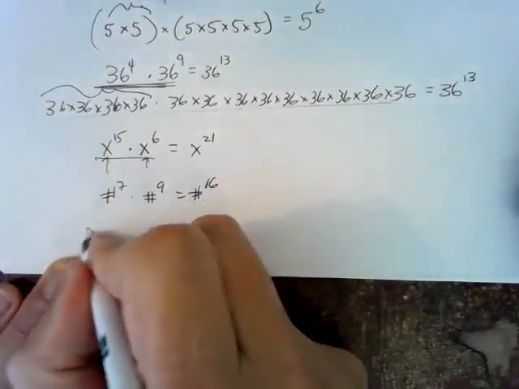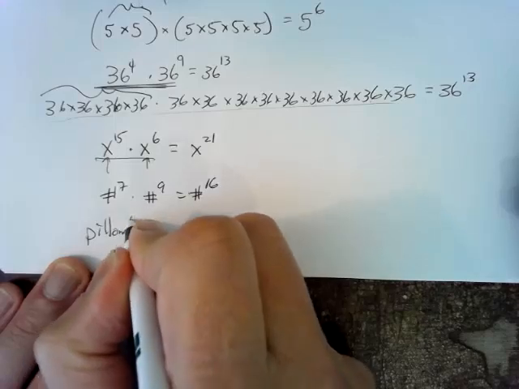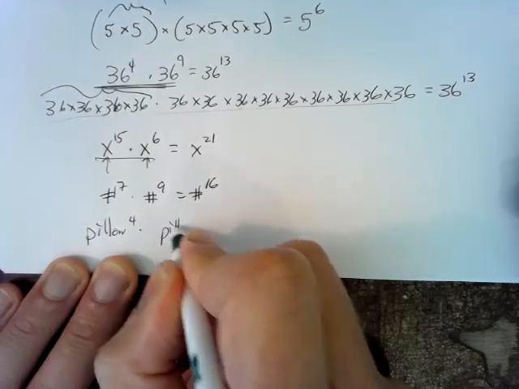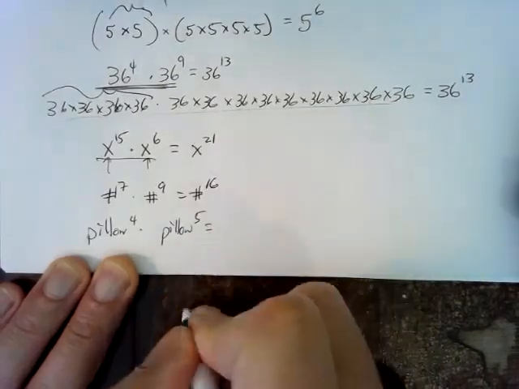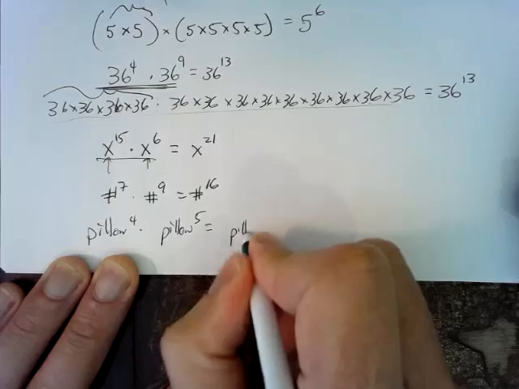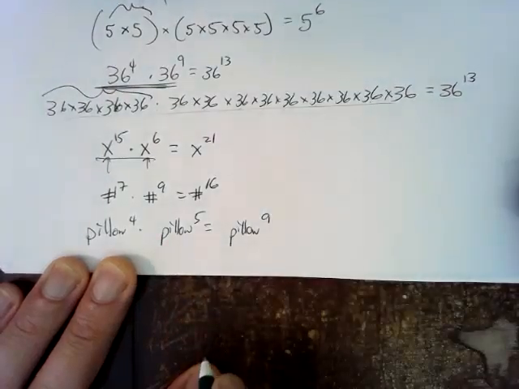If we say pillow to the 4th power times pillow to the 5th power, this would be pillow to the 9th power.